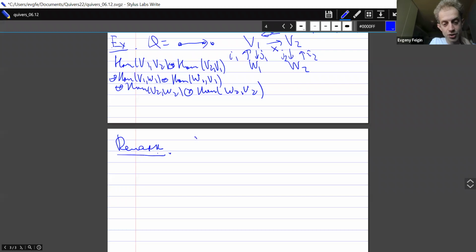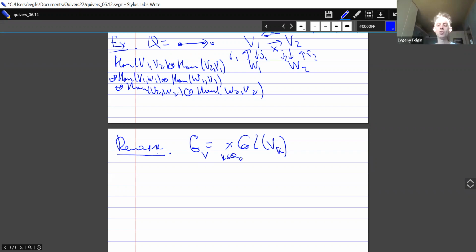Let us consider GV to be the group which is the product of GL(VK), the standard group which acts on the representation space, and the remark is that the group GV acts on this Rep(Q, V, W).